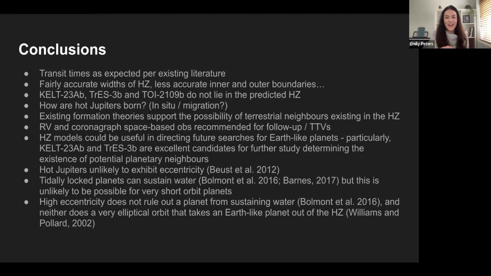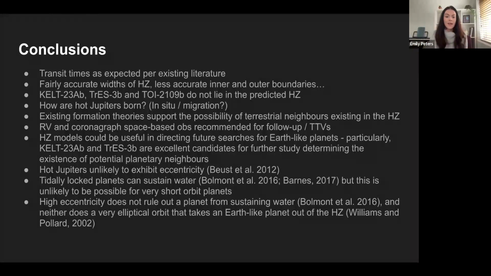It very much depends on how long you're out of the habitable zone for, but a lot of the literature agrees that the eccentricity doesn't exclude a planet from being habitable. And even a tidally locked planet can still sustain water. But again, obviously for a very short orbit planet or a hot Jupiter, of course, we wouldn't really expect to see that.